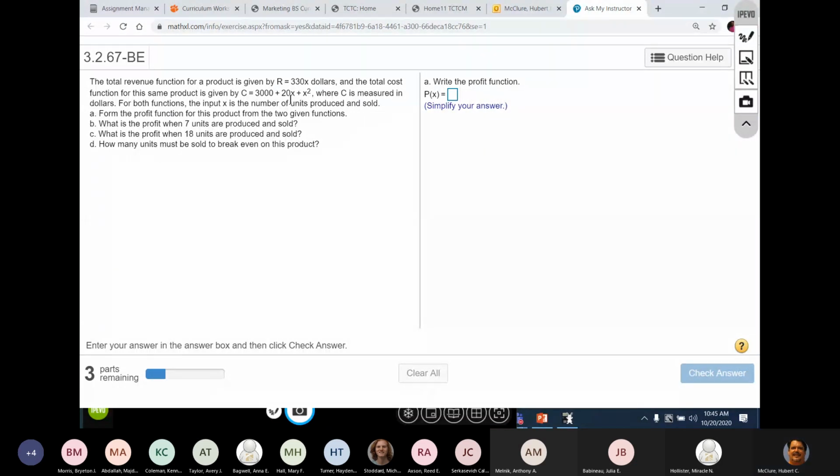I don't know if they asked you to form the profit function from the 2 given functions. What is the profit? Okay. Total revenue is blah, blah, blah, and the total cost is blah, blah, blah, where C is measured in dollars. For both functions, the input x is the number of units.